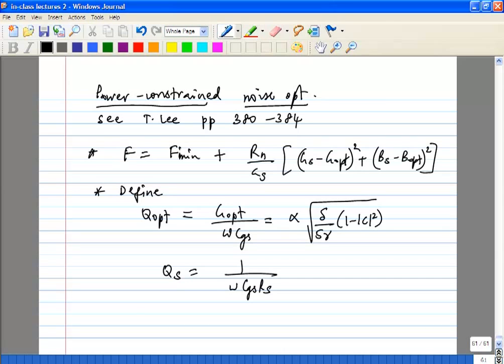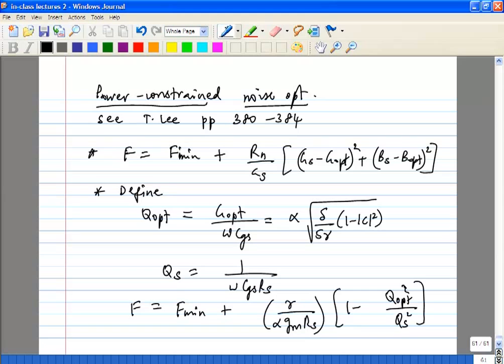So now you can rewrite F, alpha gm Rs, this way, and this is the function you're going to minimize based on some constraint.